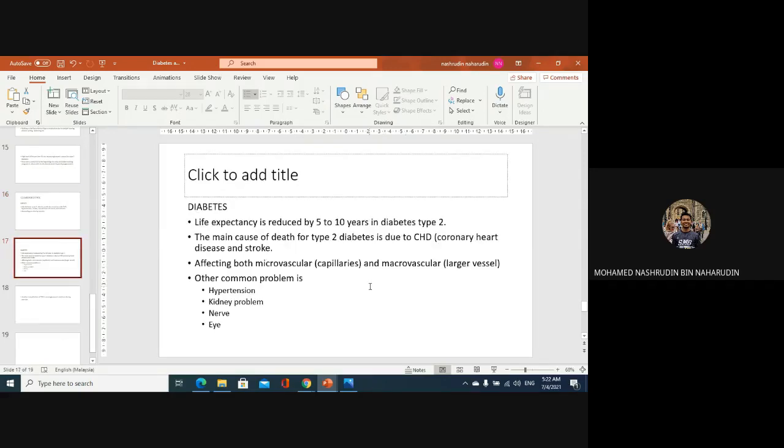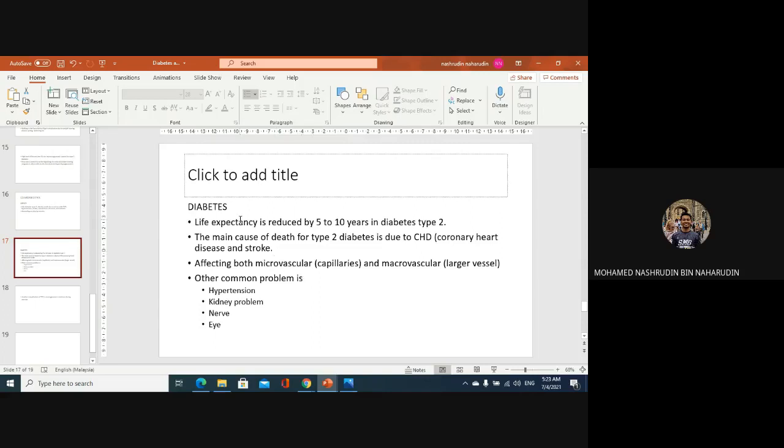And for diabetes, you have to know that studies have shown life expectancy can be reduced by 5 to 10 years for type 2 diabetes. The main cause of death in type 2 diabetes is coronary heart disease, and also stroke.